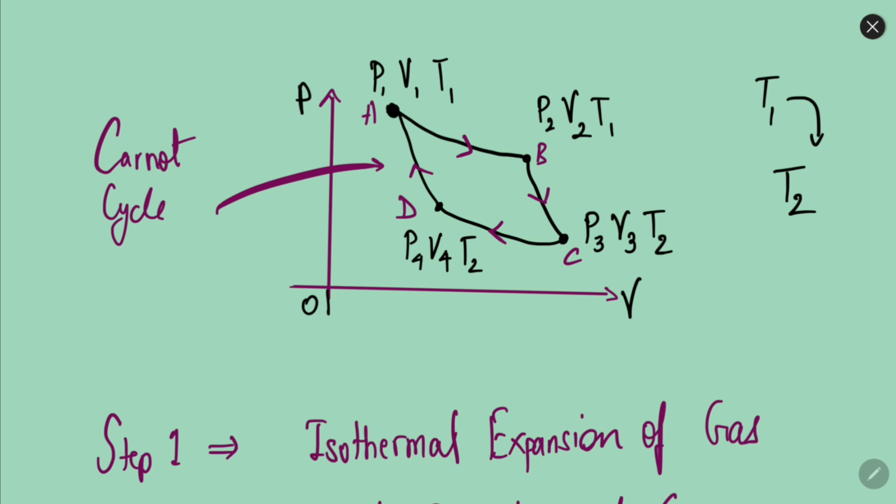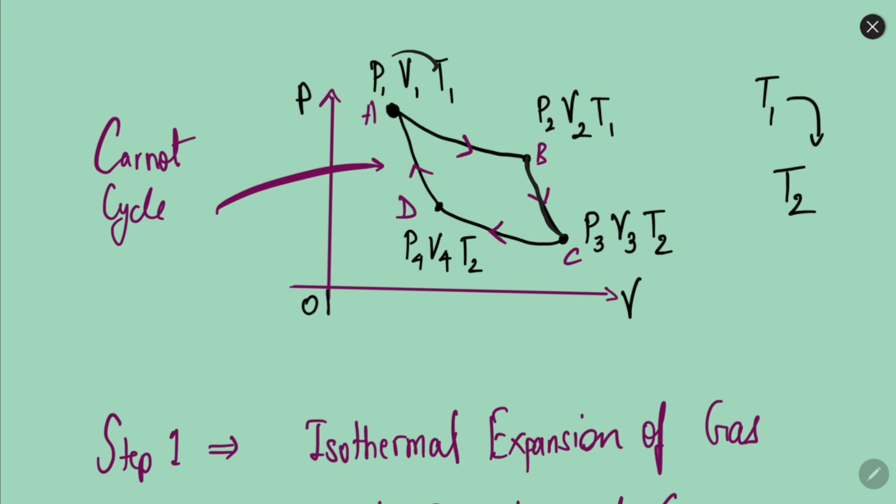Step 1 is expansion when we go from A to B, but that expansion will be isothermal, that is, the temperature will remain constant. Once we reach point B, the temperature remains the same, T1, and volume and pressure change. Volume will become V2, pressure will become P2.